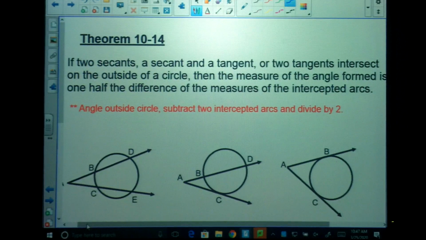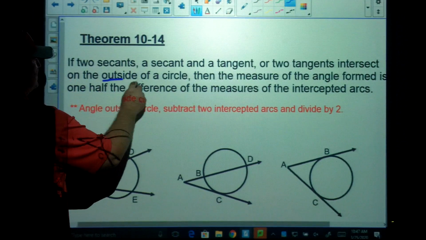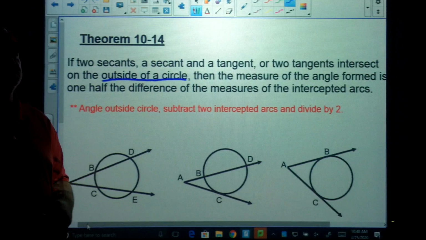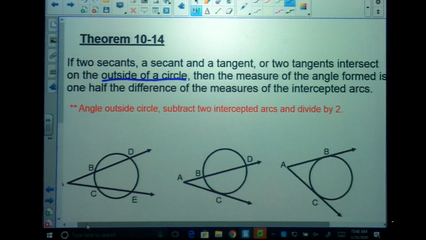If two secants, a secant and a tangent, or two tangents intersect on the outside of the circle, then the measure of the angle formed is 1/2 the difference of the measures of the intercepted arcs. So you have three different things going on here. If it's inside, you add the intercepted arcs, divide by 2. If it's on, you just find the intercepted arc and divide by 2. And if it's outside, then you find the two intercepted arcs and you subtract them and then divide by 2.